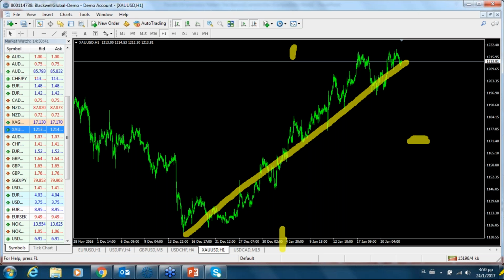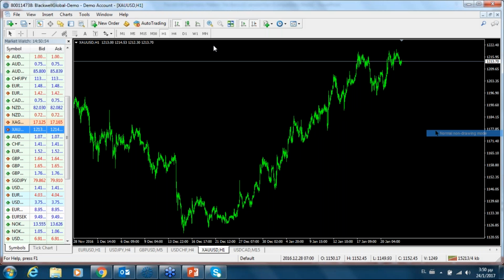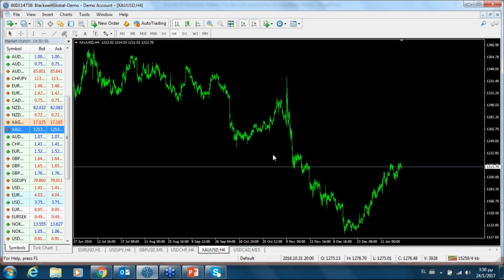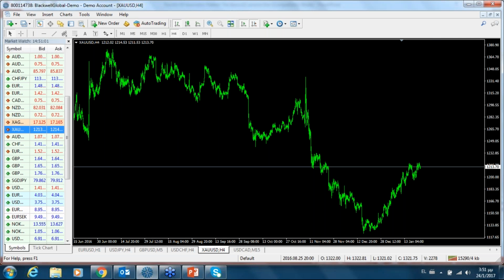So it's giving us a bit of a bullish sort of angle, based on the 1 hour chart. So let's just go further now. I'll erase that first and go to the 4 hour chart. Now, on the 4 hour chart, you need to zoom out as best as you can.